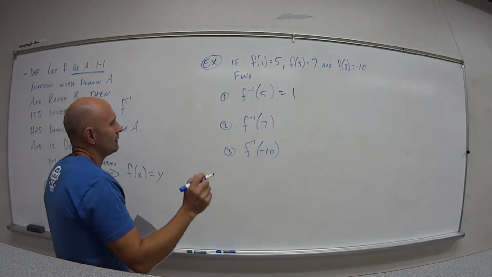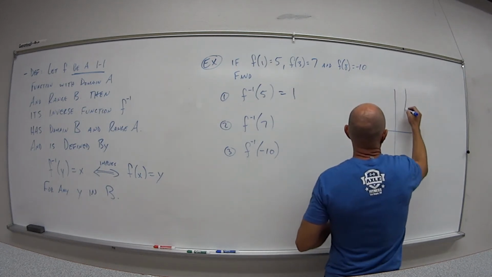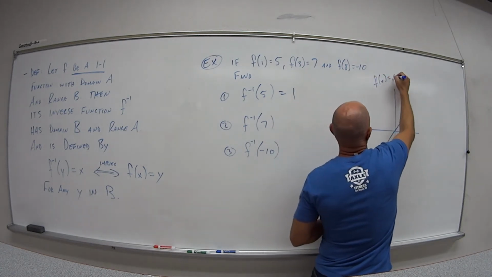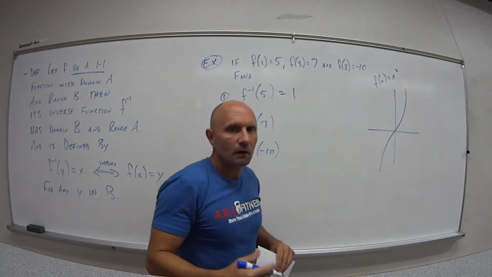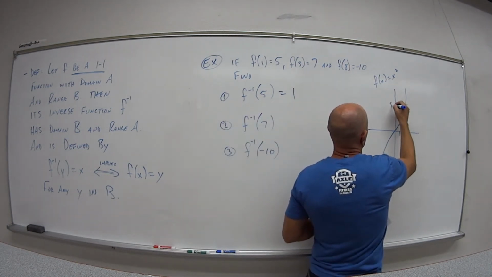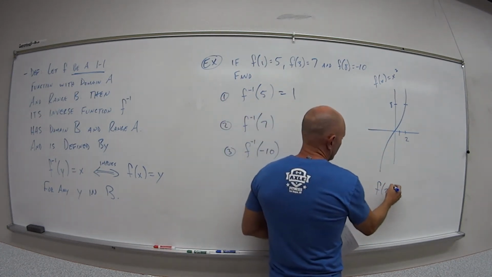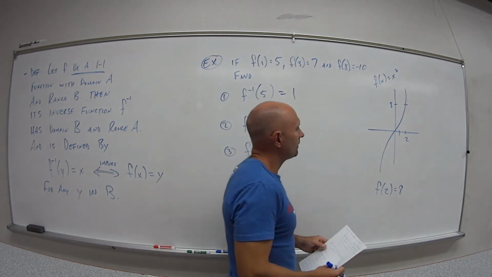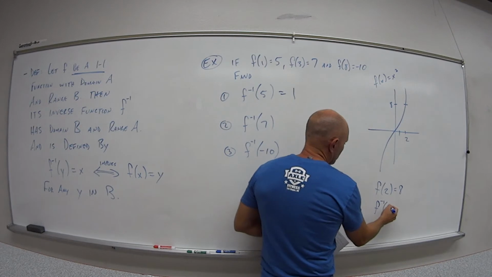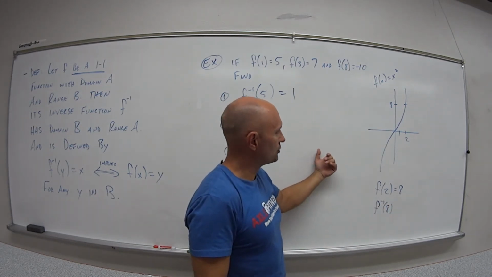And so let's look at another example. We have our function f of x equal to x to the 3rd power. So f of 2 gives me what? 8, right? So f of 2 is equal to 8. If I want to know what f inverse of 8 is, how do I get from 8 back to the original value?